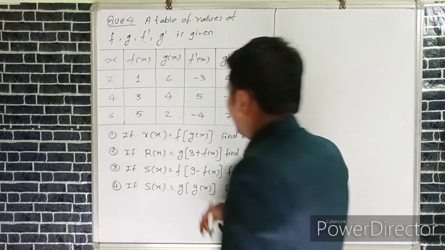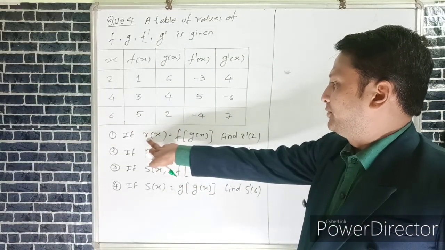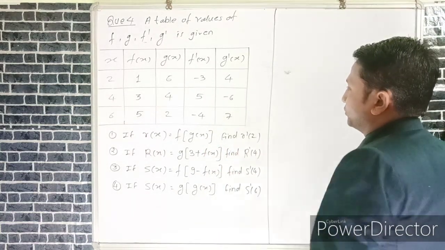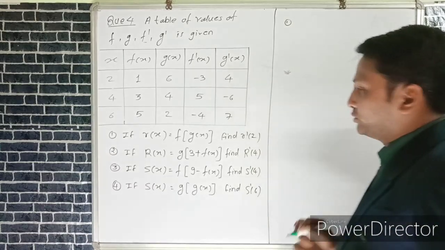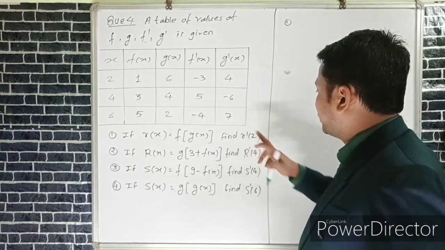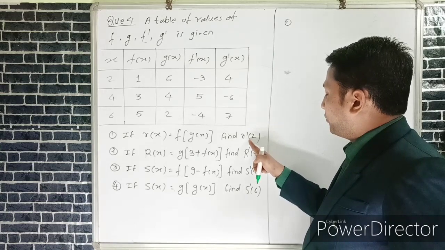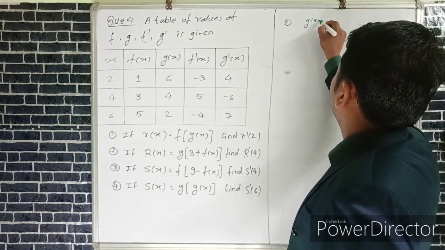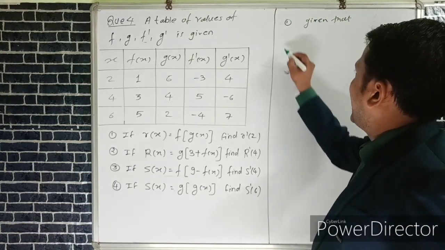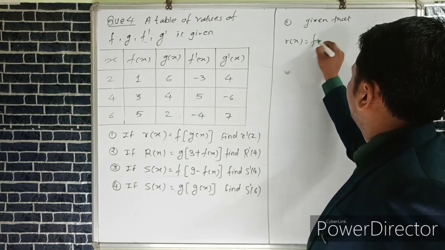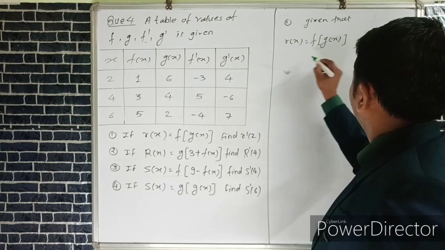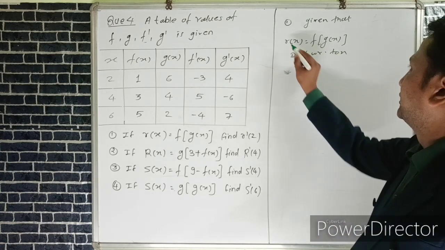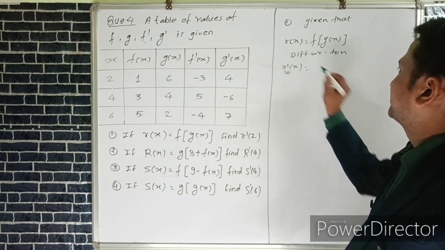First we solve number one. If R of x is equal to f of g of x, then we have to find R dash of 2. To find the solution, first we take the derivative of R of x. Given that R of x is equal to f of g of x, if we differentiate with respect to x, we get the derivative of R of x as R dash of x.